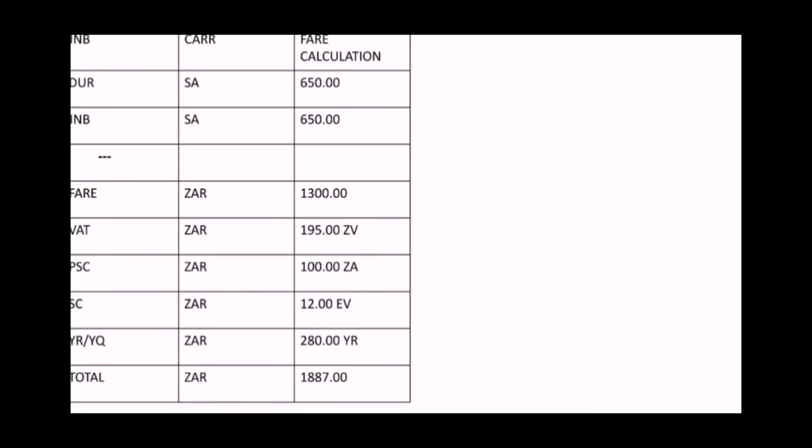So then we will now have to go on and plot her original ticket, or write out her original ticket. Her original ticket said Johannesburg, Durban, Johannesburg. She was charged 650 per flight, and then the fare was 1,300 rand.